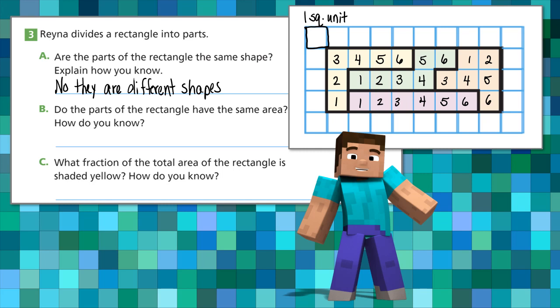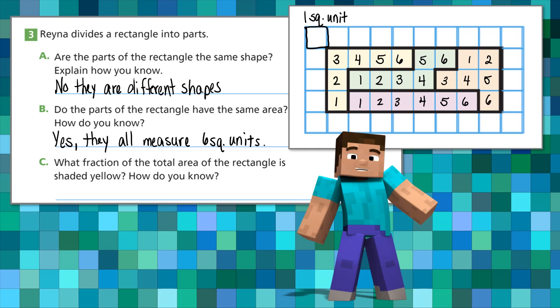So do all the parts of the rectangle have the same area? Yes, and how do we know? Well, they all measure 6 square units. So if we're talking about fractions, would this be a good way to show fractions of a whole?